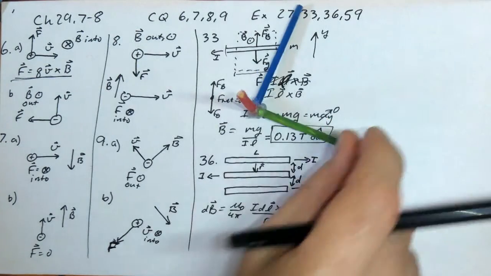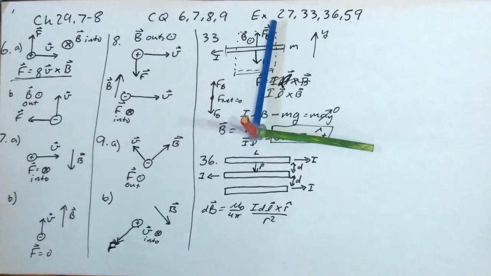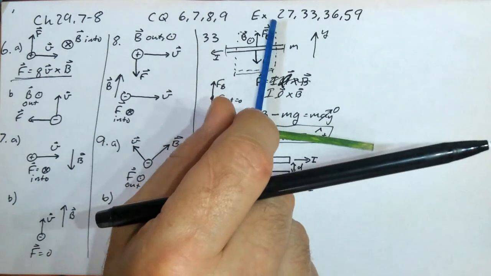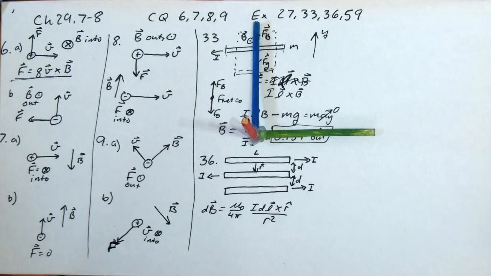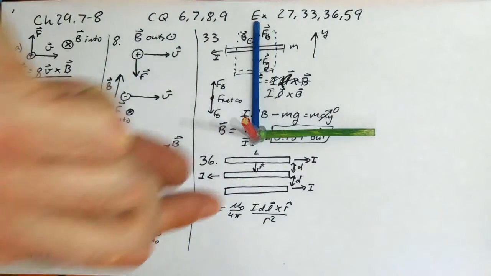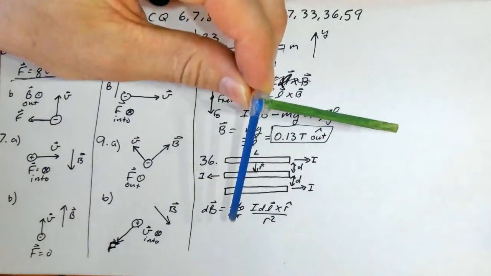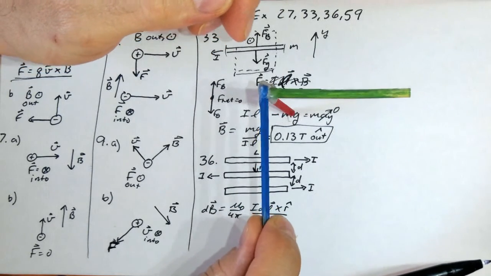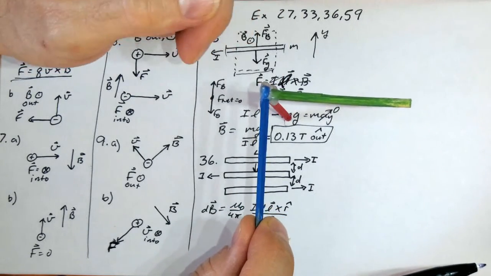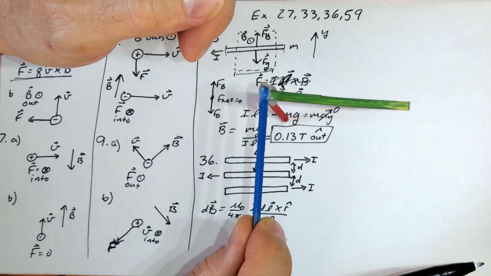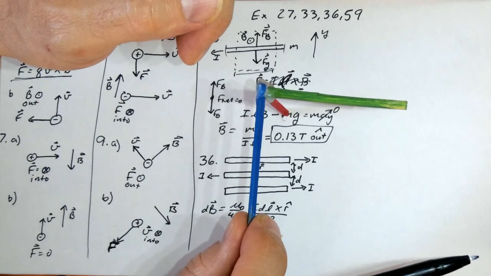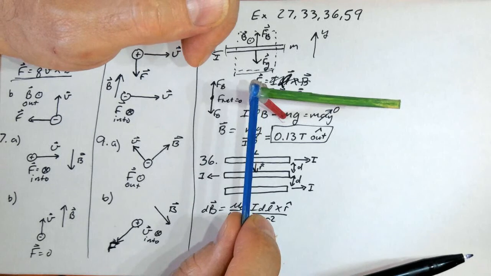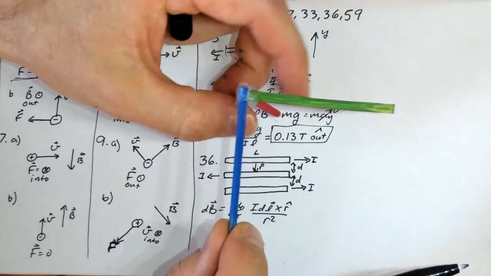So our current is flowing to the right. R is down the page. R is below that wire, which means the red, which indicates the magnetic field created by that wire at the location of the middle wire, is into the page.